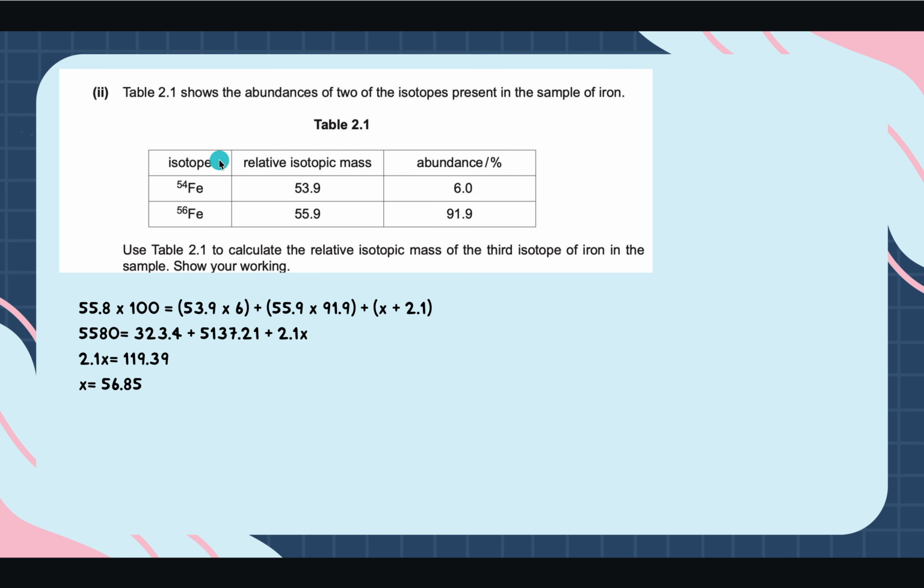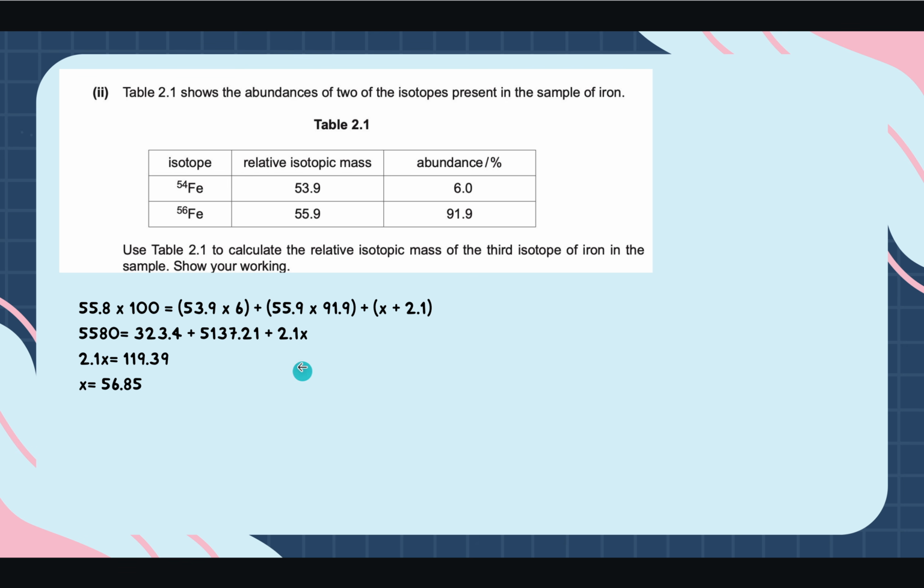Next question. So this table shows the abundances of 2 of the isotopes present in the sample of iron. Use table 2.1 to calculate the relative isotopic mass of the third isotope of iron in the sample, showing working. So to find this, we use the formula that we have been using, and then we insert the numbers we got from the table above.